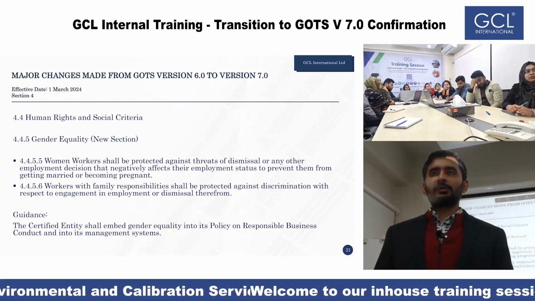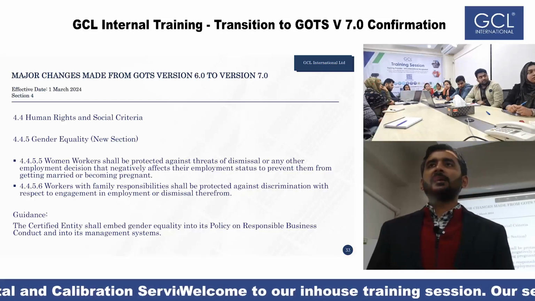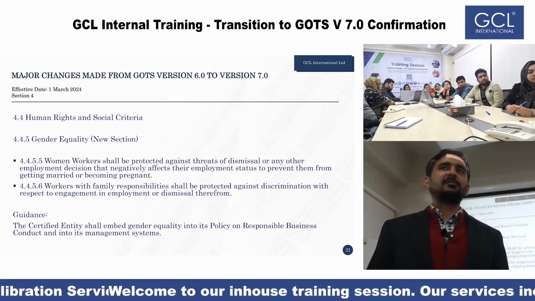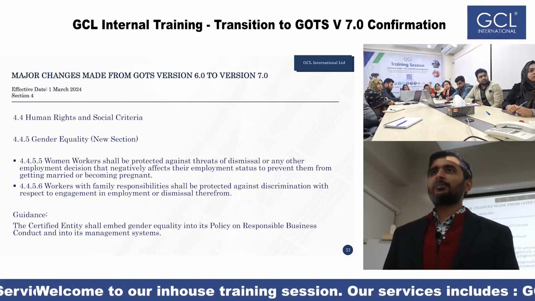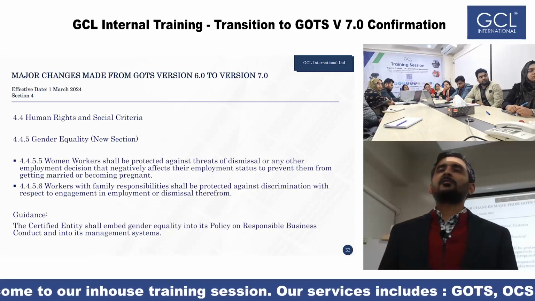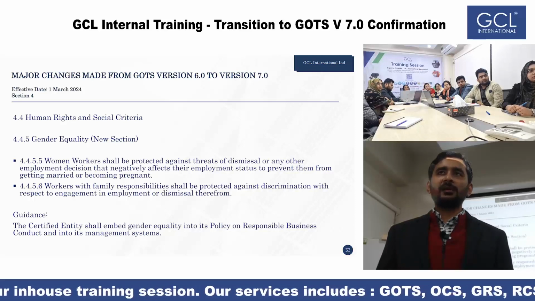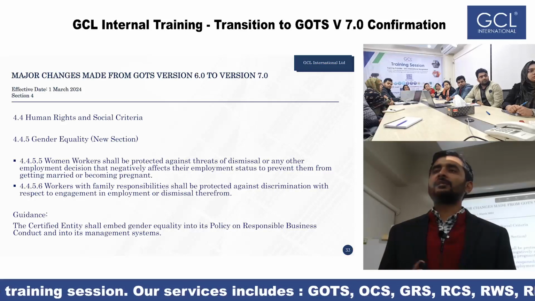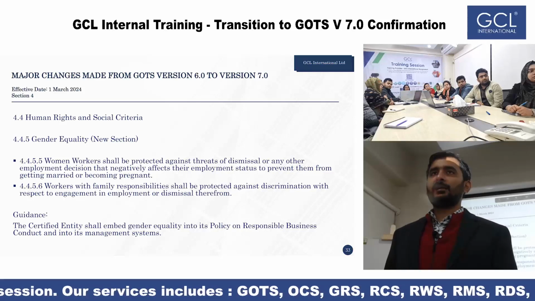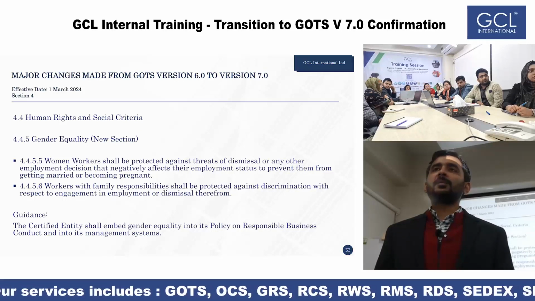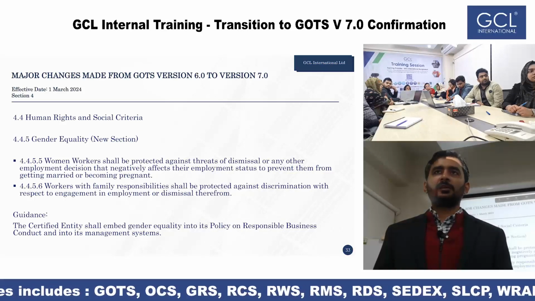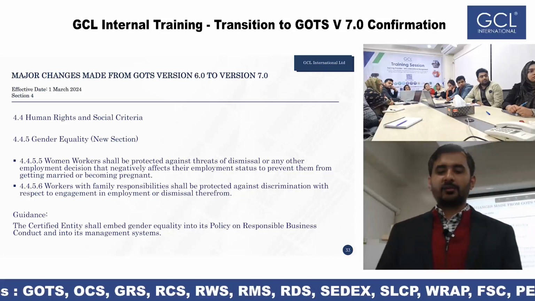That is completely prohibited. Also, a facility or certified entity cannot impose any condition or take any action that restricts a female worker from becoming pregnant or getting married. That is also prohibited in GOTS version 7.0.